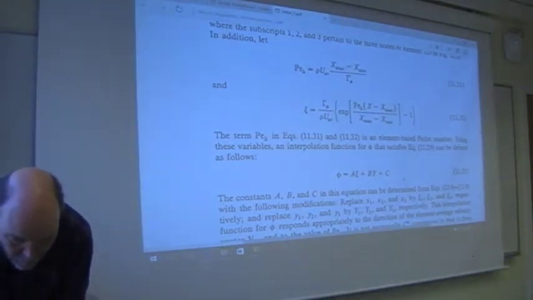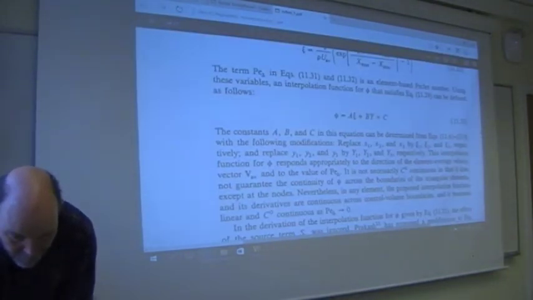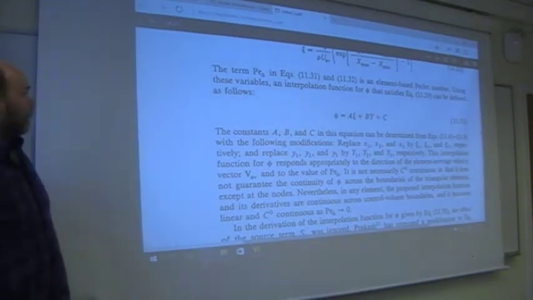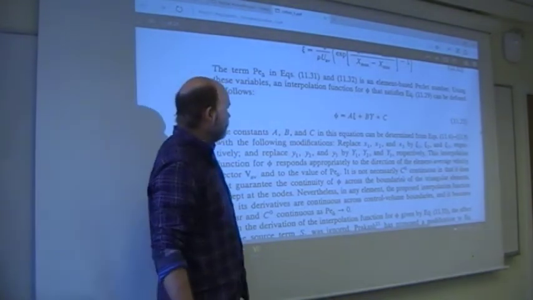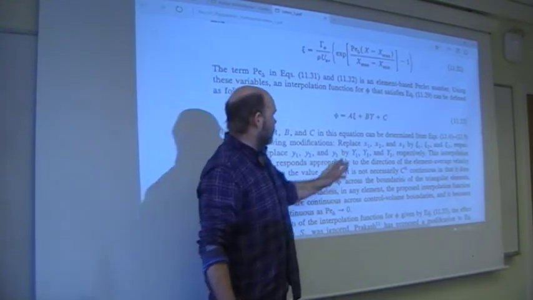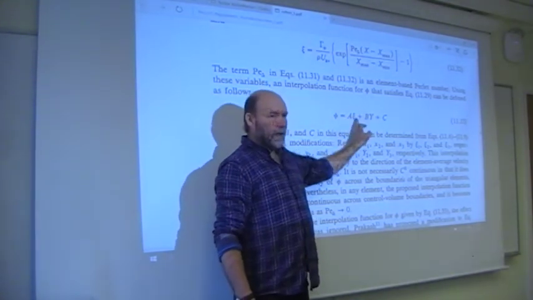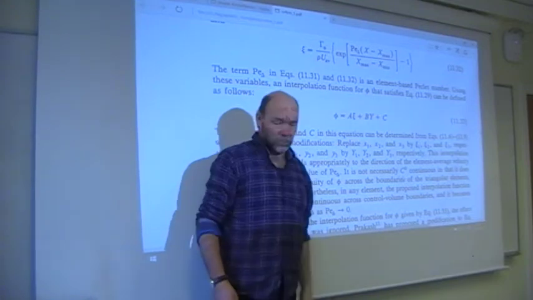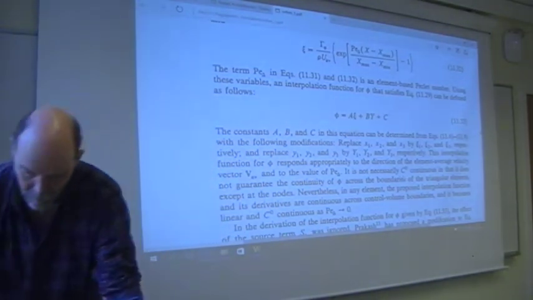Their choice. So a little bit different then with the interpolation for our known phi, but still exactly the same philosophy. Linear variation within one triangle only.